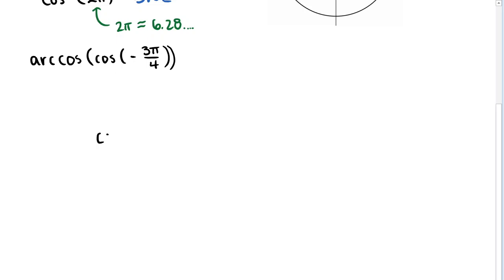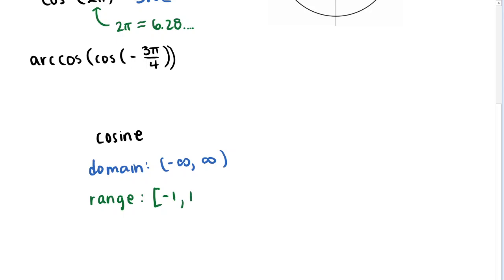And so for cosine, the domain of cosine in general is from -infinity to infinity. We can plug in any angles we want into our cosine function. We'll always get an output out. But the outputs we get back are going to be x-coordinates on the unit circle. And x-coordinates on the unit circle only fall between -1 and 1.